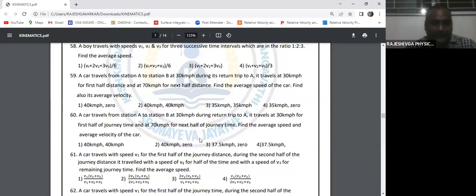It is going from A to B. This is not a direct formula, a little bit of extension of the logic. They are saying from A to B, it is going at 30 km per hour. In the return journey, for the first half distance it is going at 30 km per hour.